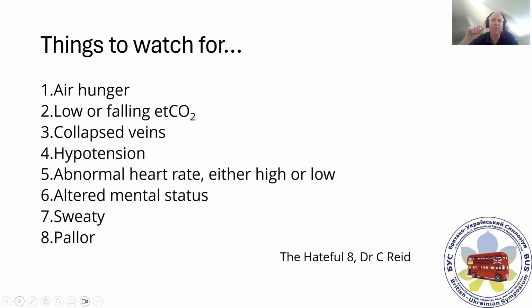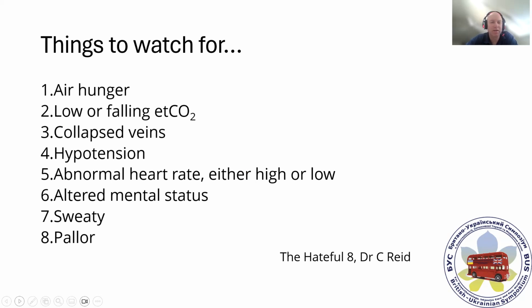The A to E approach in ATLS will give you all sorts of symptoms and signs to look for. But these 8 items would identify a critically unwell, physiologically compromised trauma patient. So one with air hunger, tachypnea, with collapsed veins, who's hypotensive, perhaps with a reduced end-tidal carbon dioxide, if it's being monitored at this point.